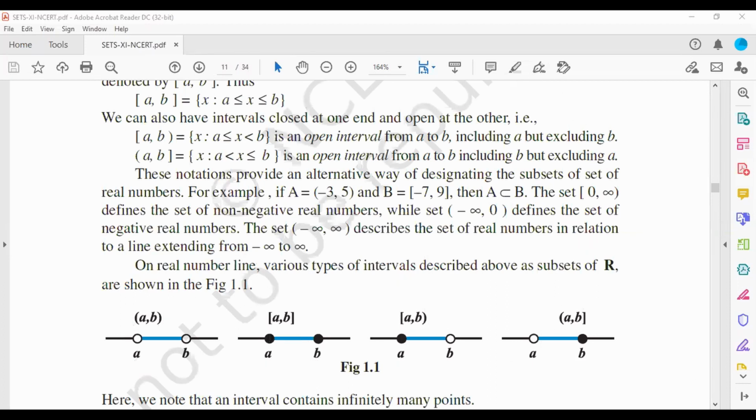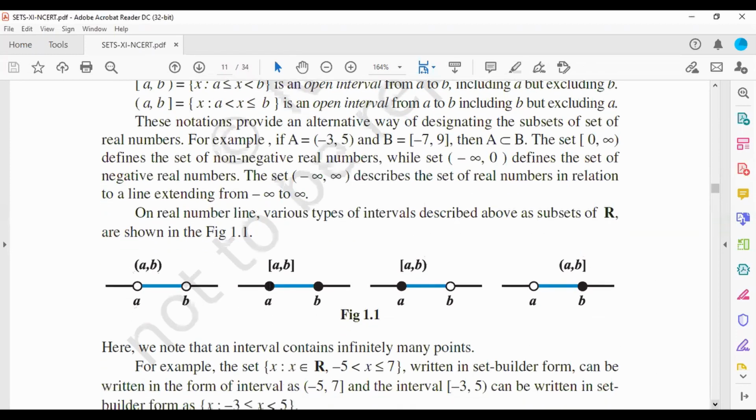Again and again you will keep coming back to the real number line.